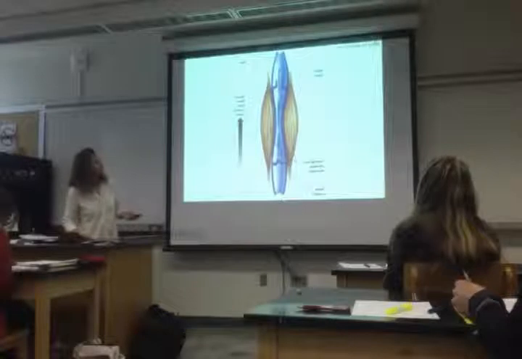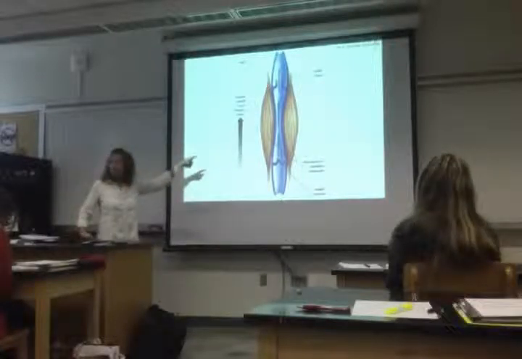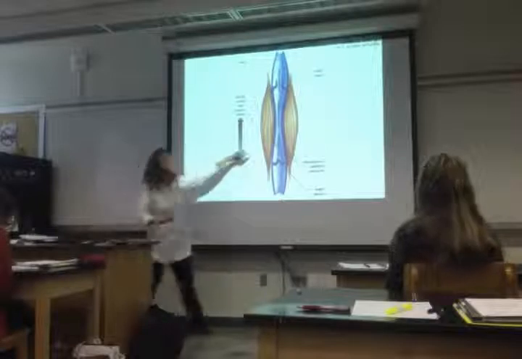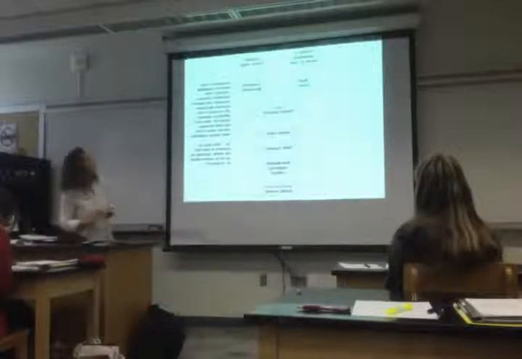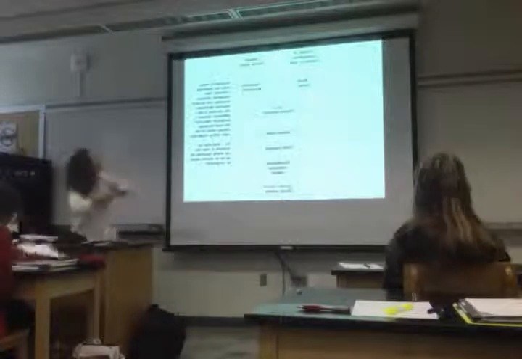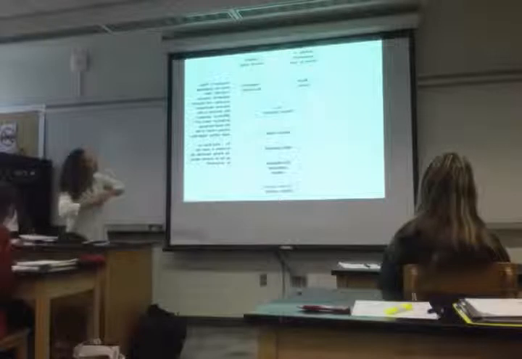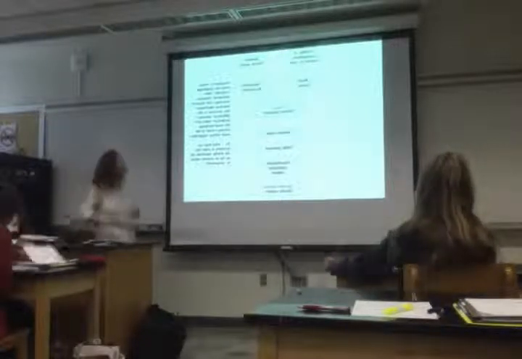Let's see. We remember from anatomy another way of helping blood to return to the heart was using the muscles and allowing them to push. So we remember that from anatomy. And here we see a summary of all of the ways that we can get blood to return to the heart.